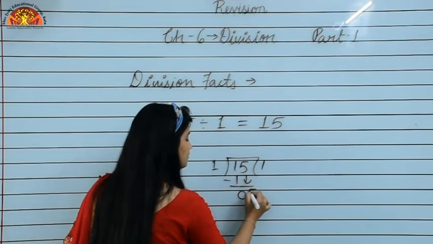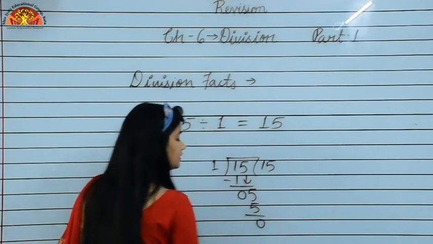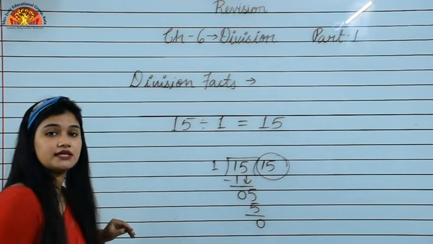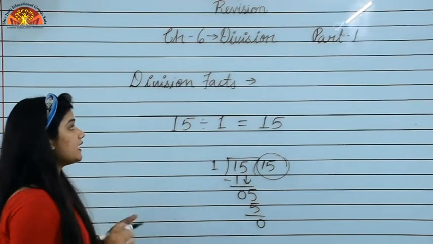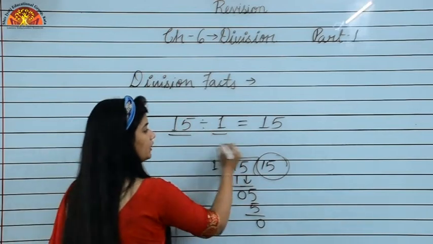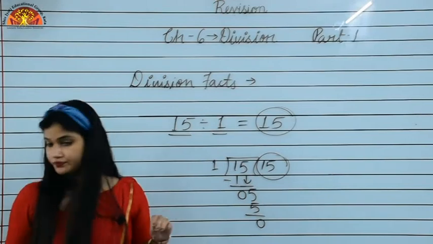Now 5 will come down and 1 5s are 5 and the remainder will be 0. And what is the answer? The answer is the number itself. It means we can say the second division fact is if we divide any number by 1, the result will be number itself. Is it clear, students?